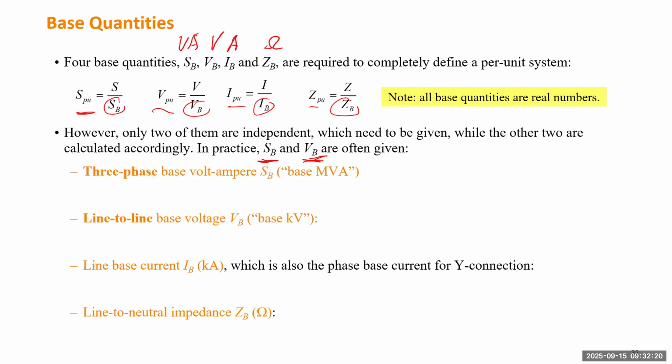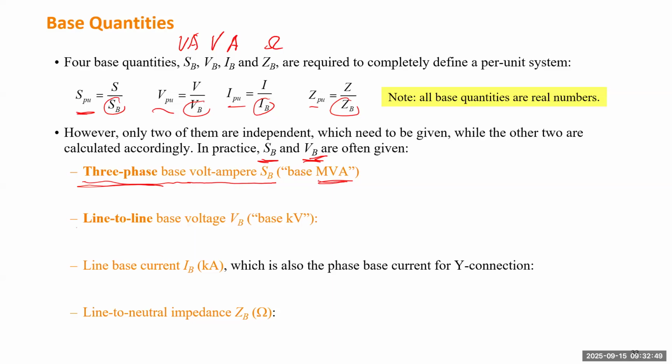But which type of base value do we need to select, because we are talking about a three-phase system? Usually for power, we pick the three-phase base volt ampere, the apparent power of three-phase. Usually the unit will be MVA because most of the devices are at the megawatt power level.